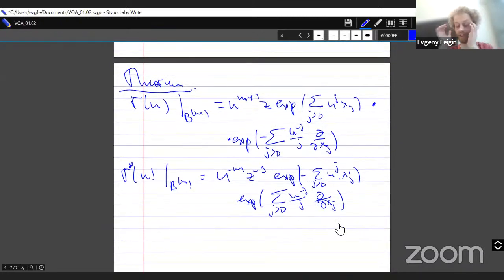So let's look at these formulas. The proof is going to be your homework, but let's at least see what's written here.